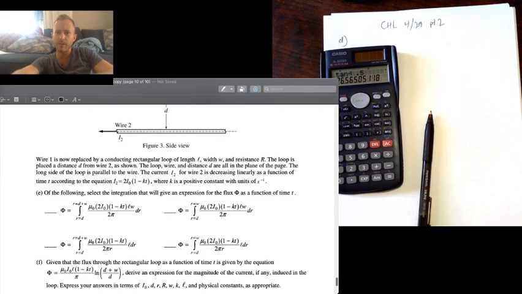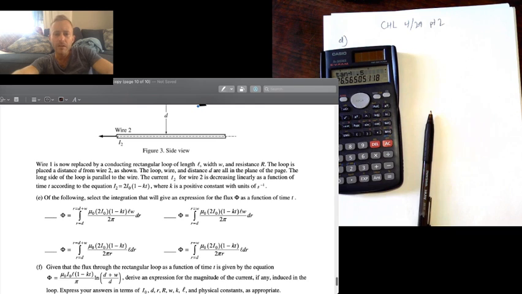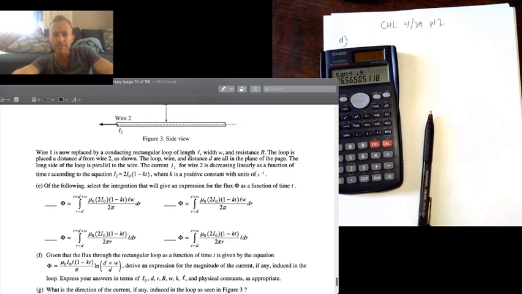So it is going to be this one. Why? Because this one has B, there's the area, and it has the correct limits of integration.